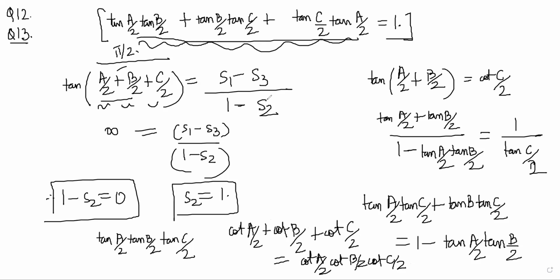Yes, sir. Are you understanding how the 13th is coming from the 12th? So tan A by 2, B by 2, C by 2 you made into cot. I'm dividing both sides by tan tan tan.